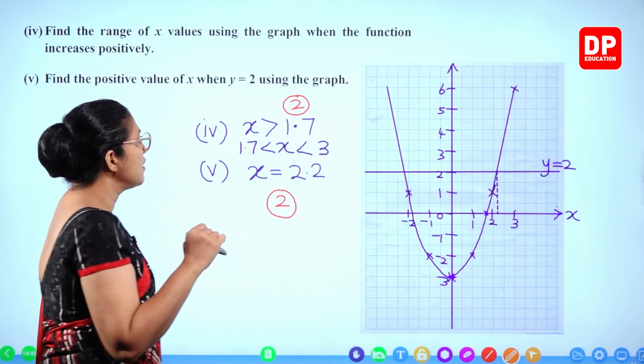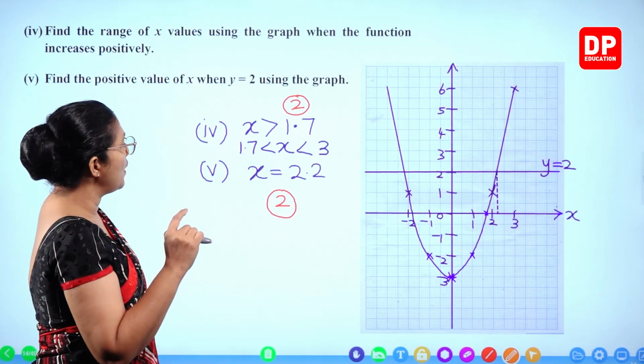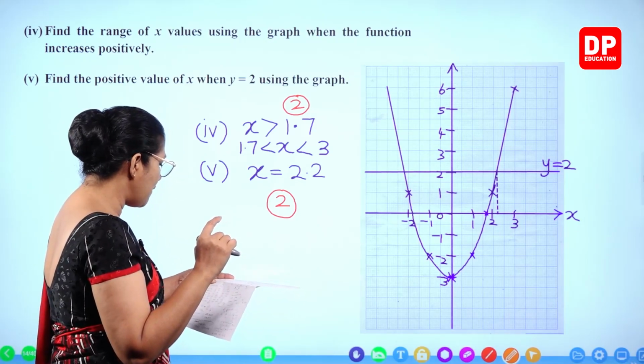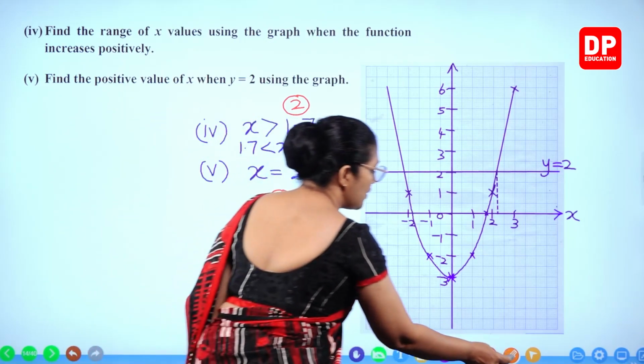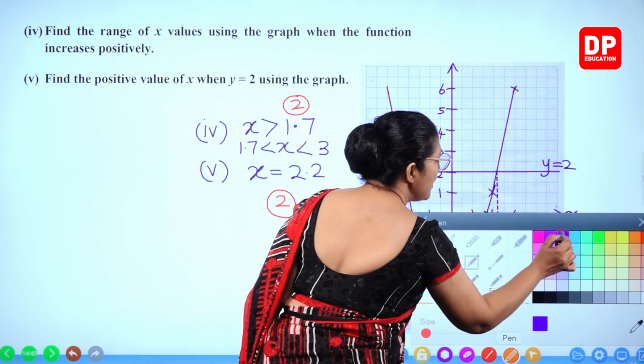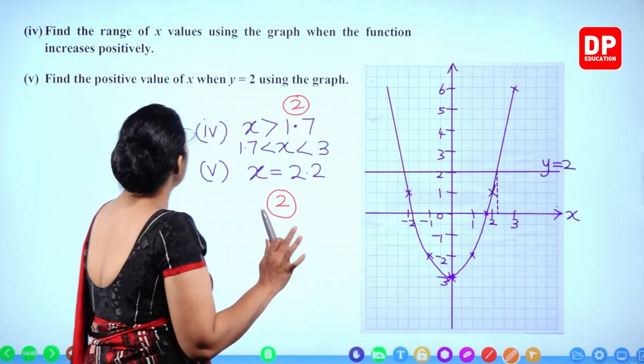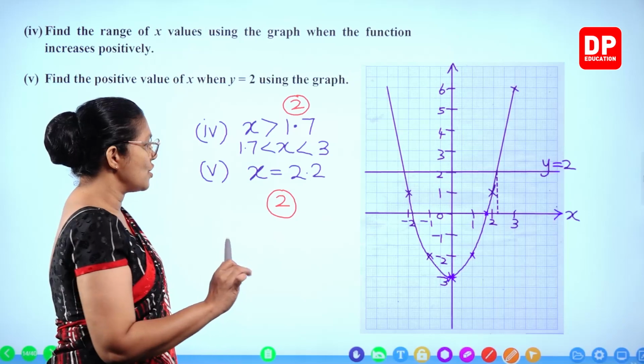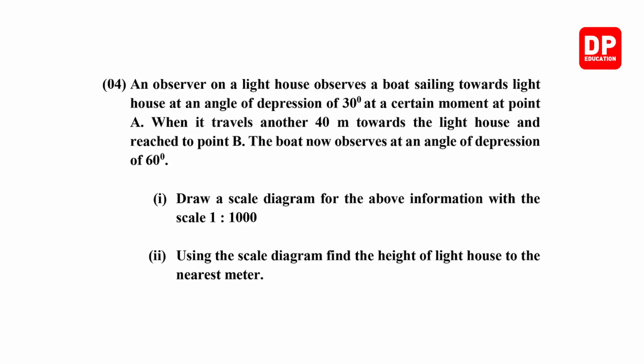So you get marks for that as well. 1.7 to 3. So that's 4 marks, and we gave altogether 10 marks for the whole question. Let's do the next one.